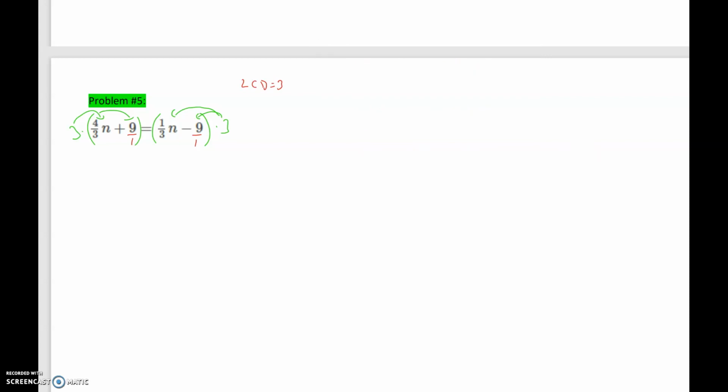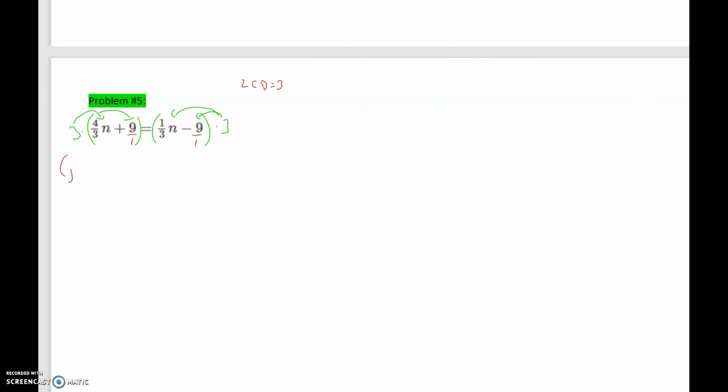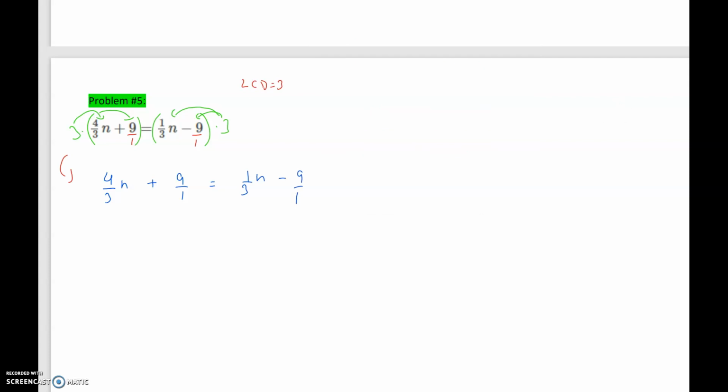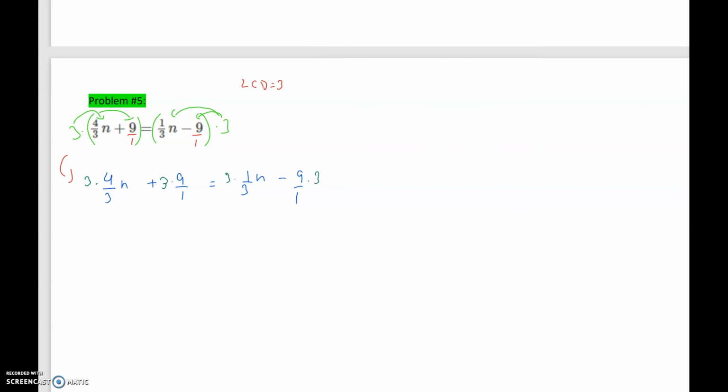Just for this part of the problem, let me rewrite the original problem and then the multiplication by 3. So we have 4/3 of n plus 9/1 is equal to 1/3 of n minus 9/1. And then every element of the equation gets multiplied by 3. Since we're multiplying by the LCD, your fractions are going to cancel.